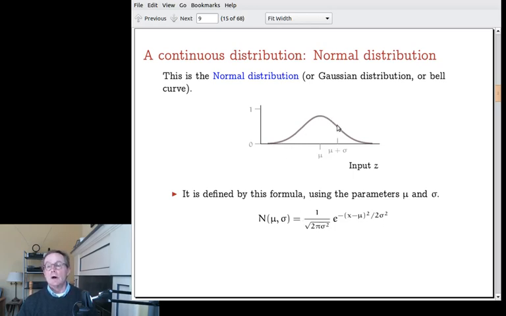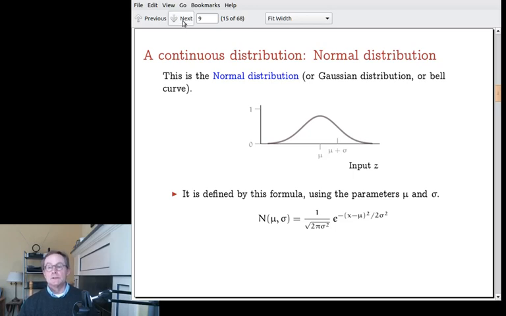So it's shaped like an umbrella in the middle and like a bowl on the two sides. And the spot where it changes from umbrella to bowl, that's one standard deviation. So that says mu plus sigma. Mu is the part right in the middle there, the high spot. So this is, again, a familiar graph that we've talked about an awful lot.